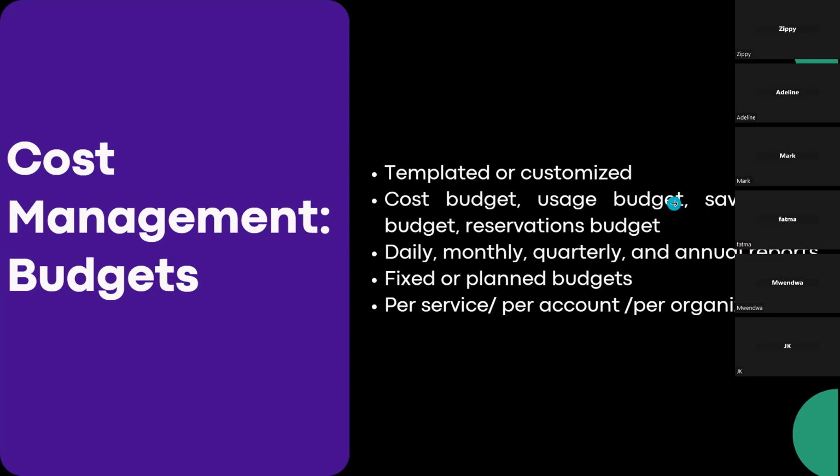Then for the usage budget, this one, it's if you want to get a bit more granular with your budget and you want to be very specific on what exactly it is that you want to control.